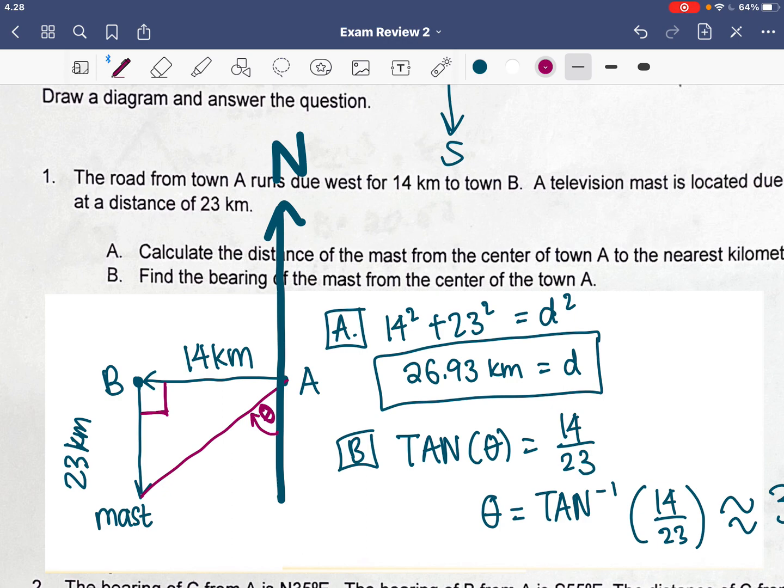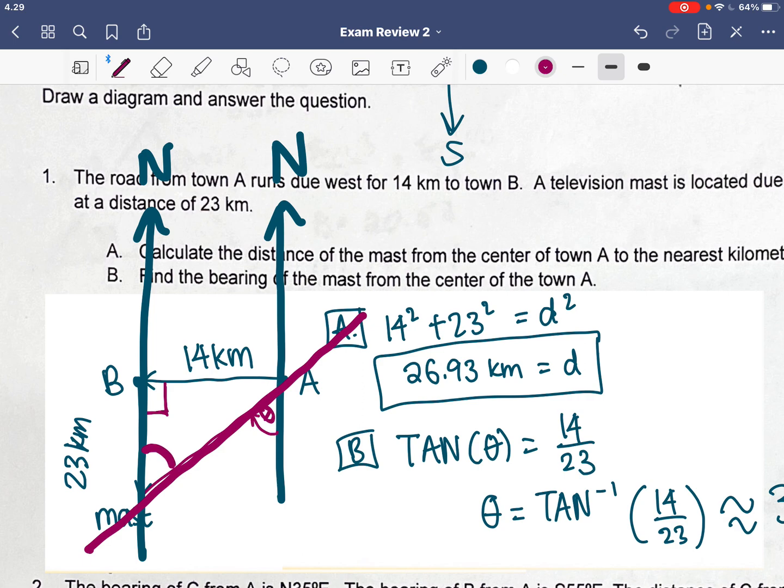So the other parallel line, because the true north is the same, right, is basically the same line here, right? The true north is parallel to itself. Maybe that's not a good sentence to say, but the parallel lines are here. So we know if they're parallel, then this would be the transversal line. So this angle here would also be theta.